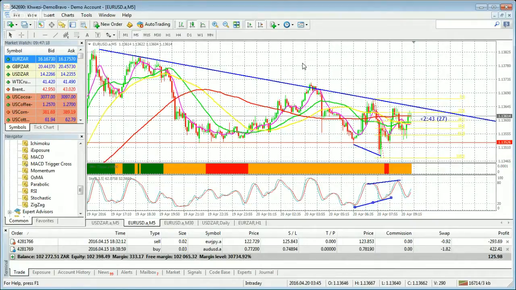Okay, still a lot of uncertainty within these last two candles as well so far. So we'll just wait.